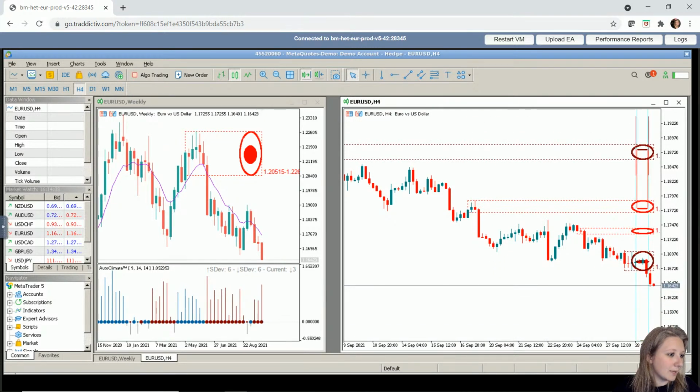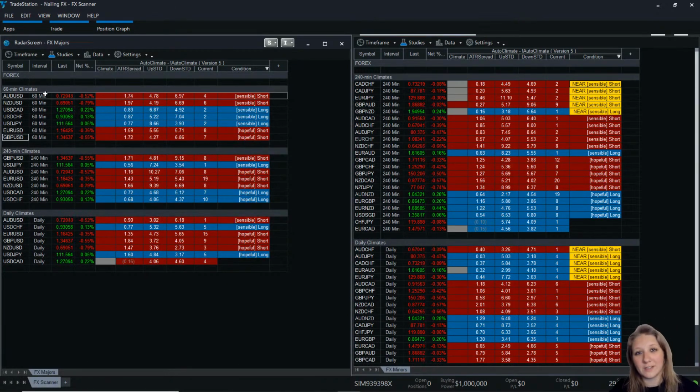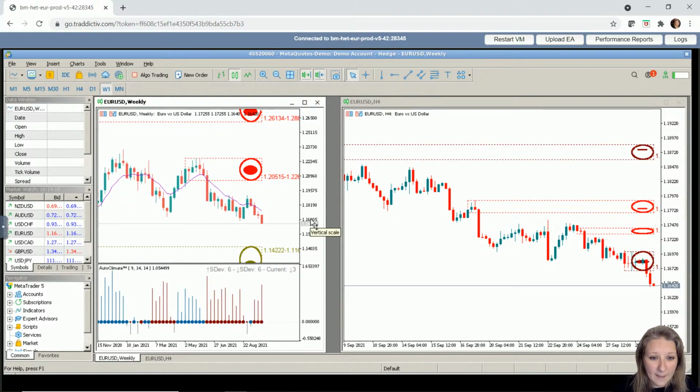The reason I'm looking at bigger time frames is because if we come back to TradeStation, we know we have none for our majors on daily, 240 or 60-minute climates. So that's why I would rather use MetaTrader to look for bigger time frames and see if we have any probabilities there.